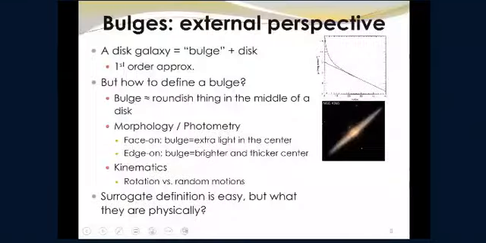So how do we understand the nature of the Milky Way bulge? We live in the Milky Way, and we are located on the Milky Way disk. That's an advantage for studying every single star in the Milky Way bulge, but it's also a huge disadvantage for understanding the nature of the bulge, because we are in it.